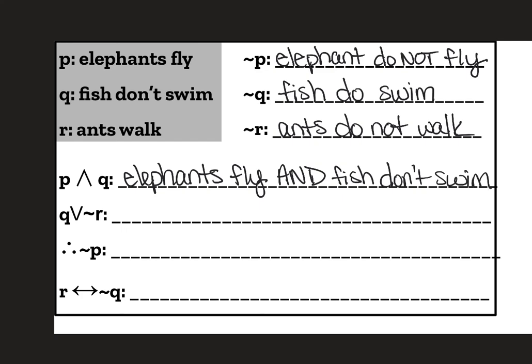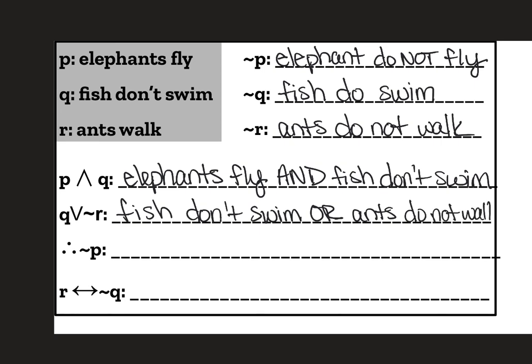Which doesn't make a whole lot of sense, but we're just matching what it tells us. Our next statement, we have fish don't swim or ants do not walk.